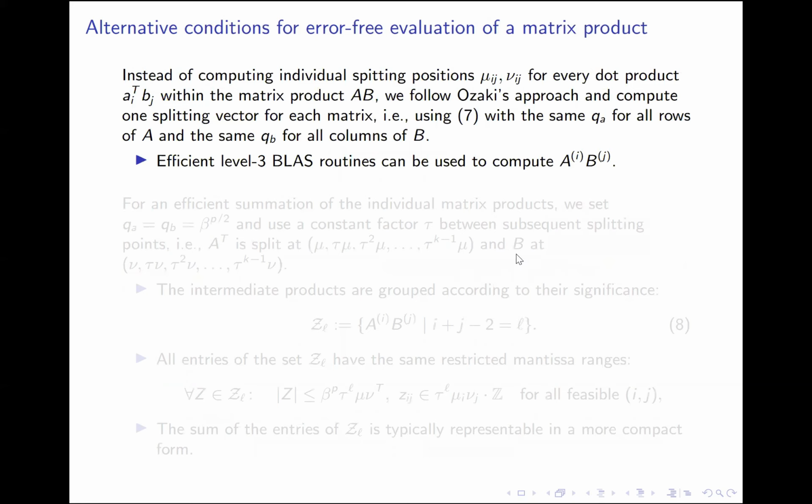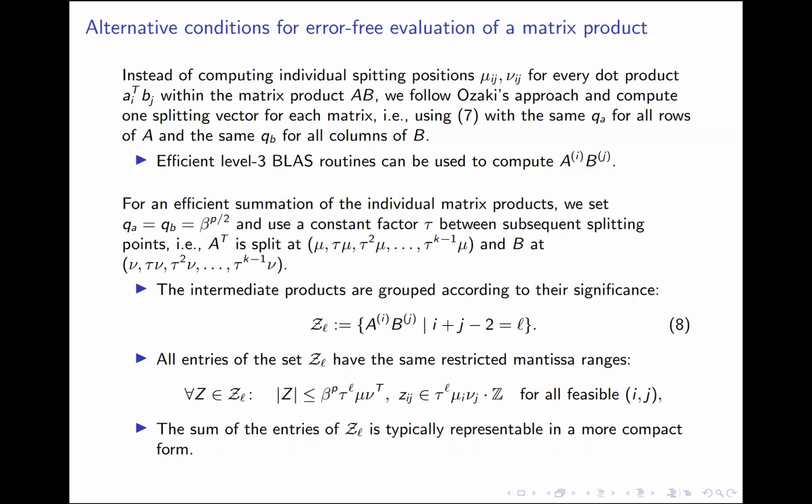Therefore we can split the complete matrix and also evaluate all the individual dot products just as a matrix product. And by applying this approach recursively, just as in the original approach, we can ensure that all the matrix products Ai, Bj are evaluated without floating point error, and they can be evaluated using efficient level 3 BLAS routines.